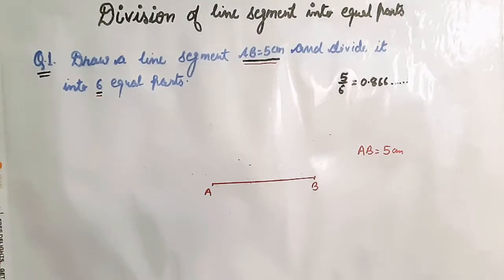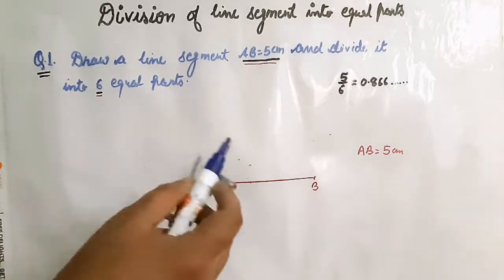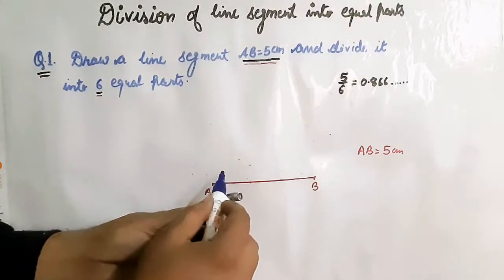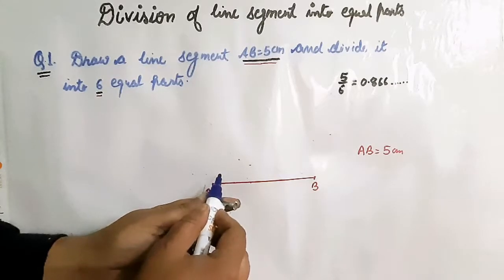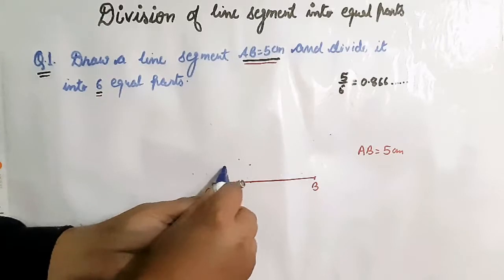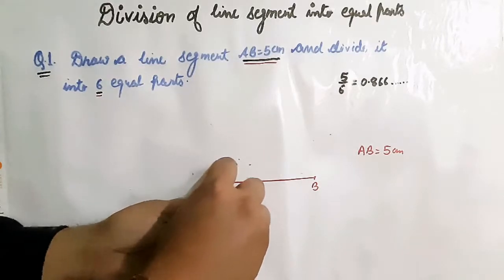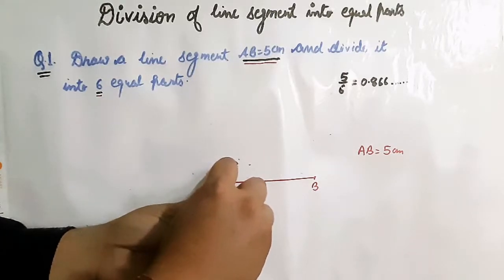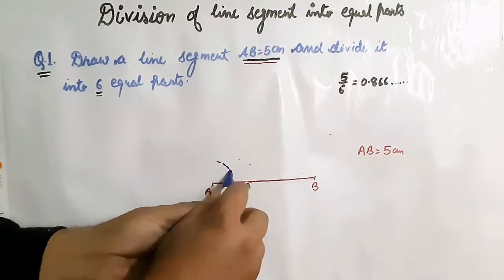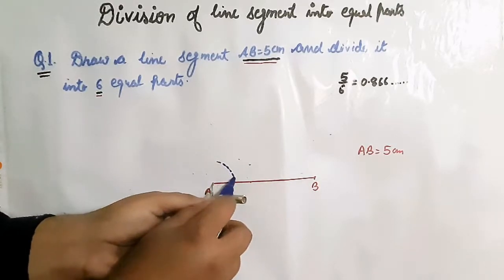Then the first step is to draw acute angles on A and B. The angles must be equal. Here I am taking the specific angle of 60 degrees so that it will be easier to remember. So the first step is to draw an angle of 60 degrees on A.